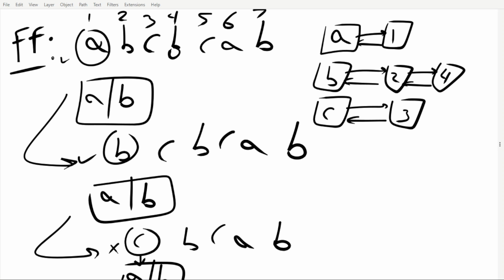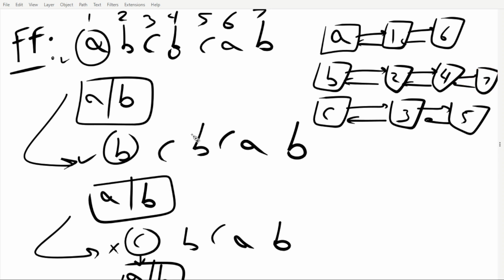Next is C with position 5. A with position 6. Then finally B with position 7. So this will simplify our time complexity. It will reduce our time complexity.